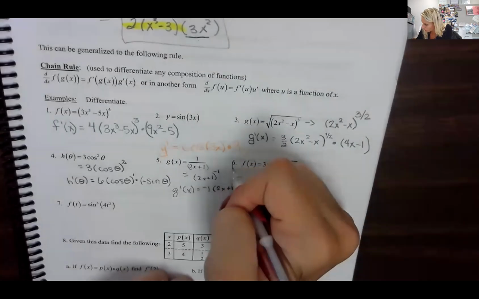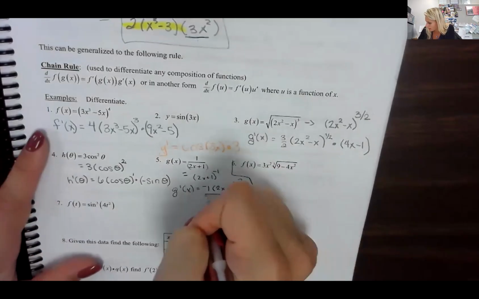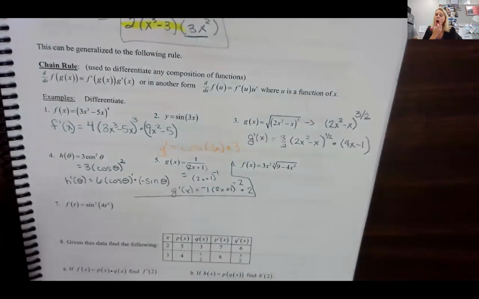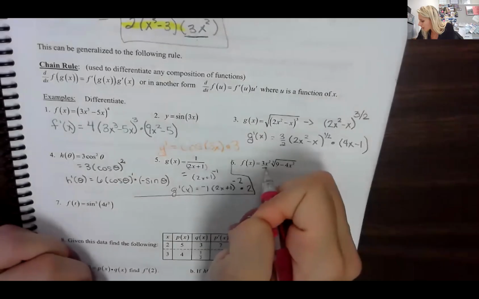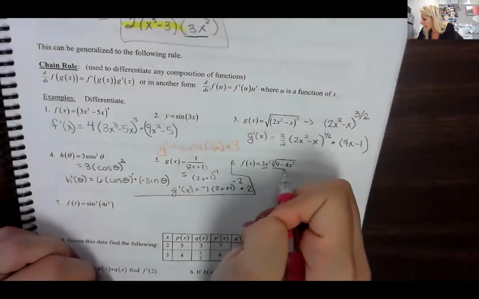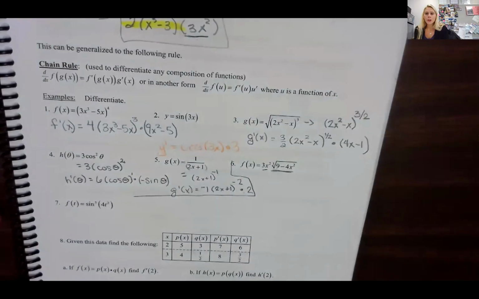I'm actually going to mark off some space. Okay? Because here's the issue. One thing I want you guys to notice is that we have a multiplication of two functions. Multiplication of two functions means the product rule.